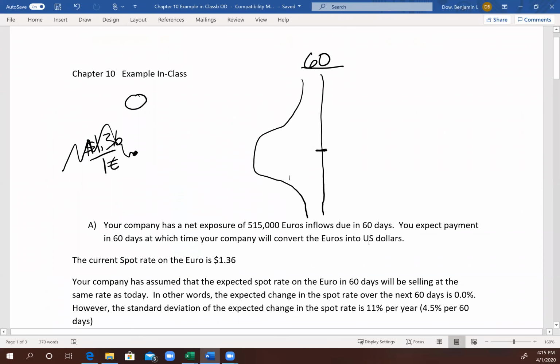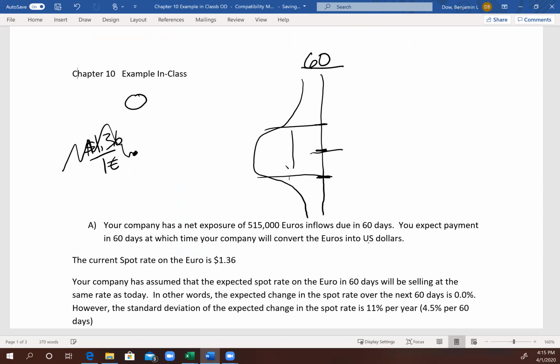So if this is our expected outcome and we go out 1 standard deviation, then 1 standard deviation gives us about 68% of the possible observations.